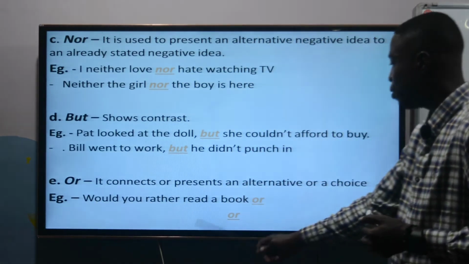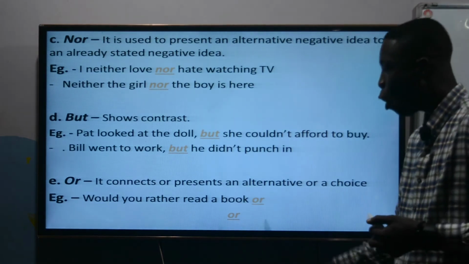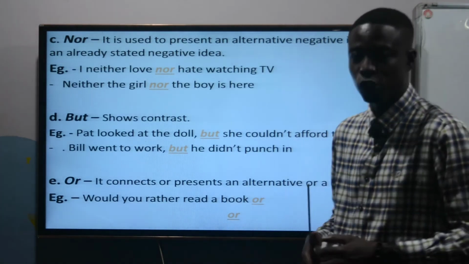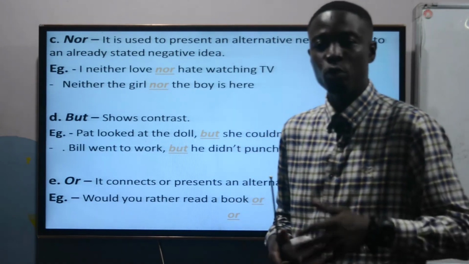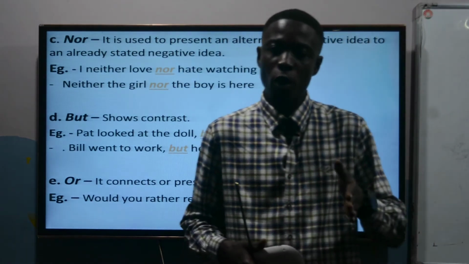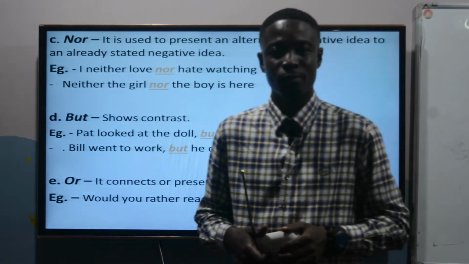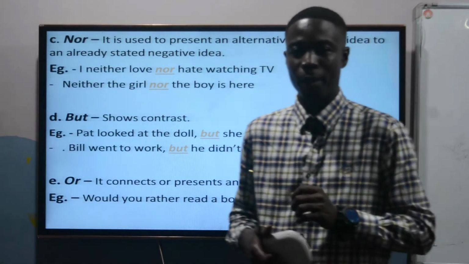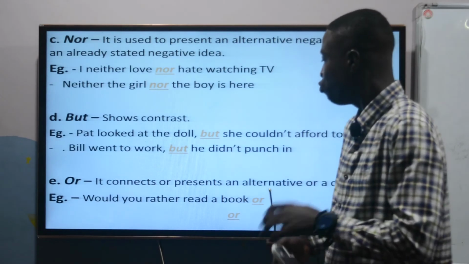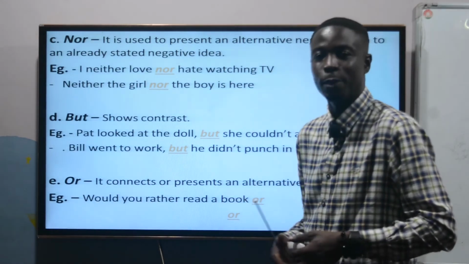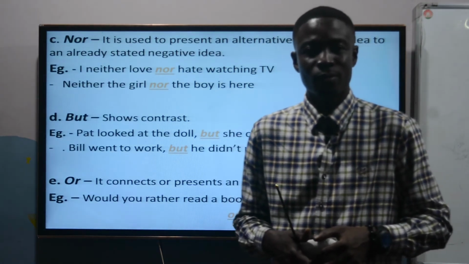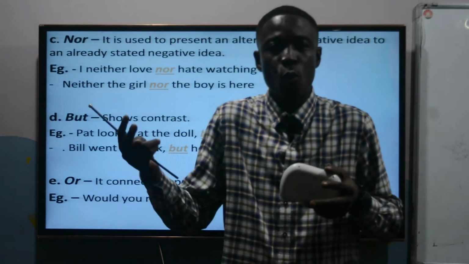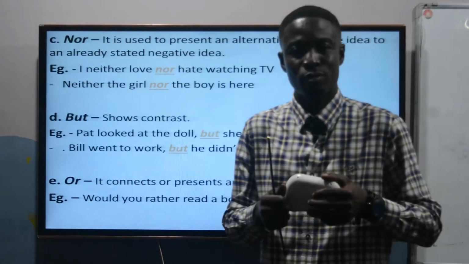Would you rather read a book or watch a TV show? So the choices here are to read a book and then to watch a TV show. And you are supposed to choose one of the two.